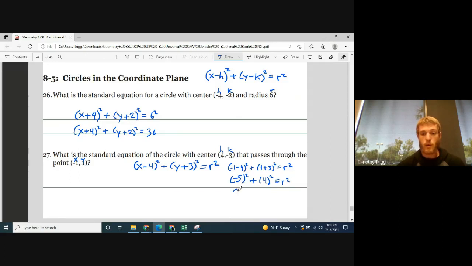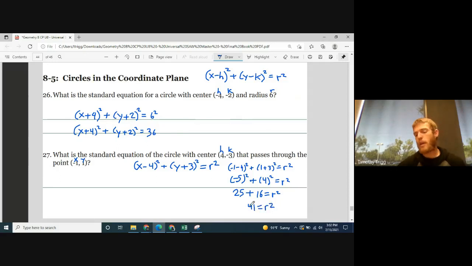Negative 5 squared, that's 25, plus 16 equals r squared. By the way, when you do this squared, it should always come out positive because that negative gets squared. So that's like negative 5 times negative 5. That's positive. So that's 41 for r squared.